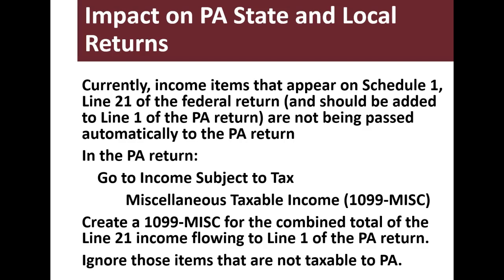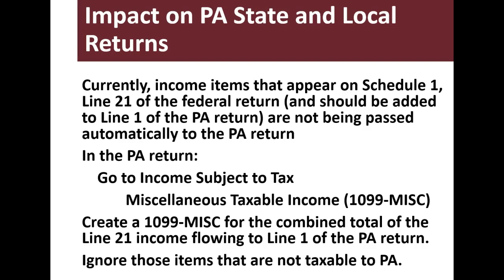In the PA return, you go to Income, Subject to Tax, Miscellaneous Taxable Income, 1099 Miscellaneous. In there, you create a 1099 Miscellaneous for the combined total of the income that is taxable to PA.